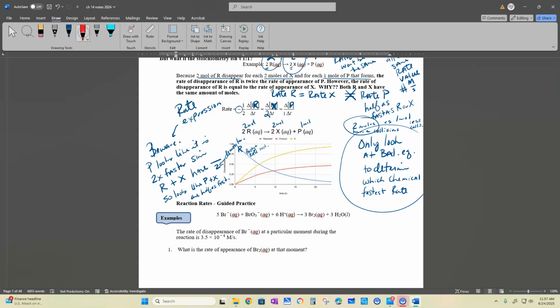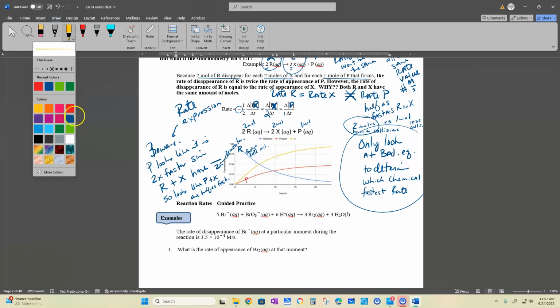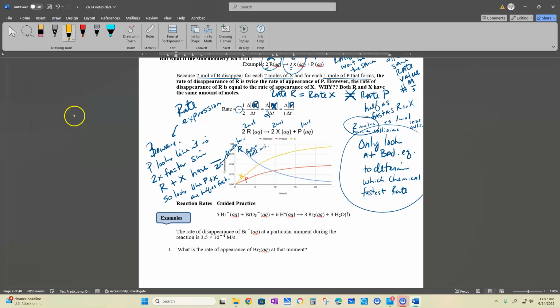So I'm going to put P as the red one. And then X is this yellow one. Well, remember, these guys are appearing over time, so they have a positive slope, whereas R is disappearing over time. But notice X and P.